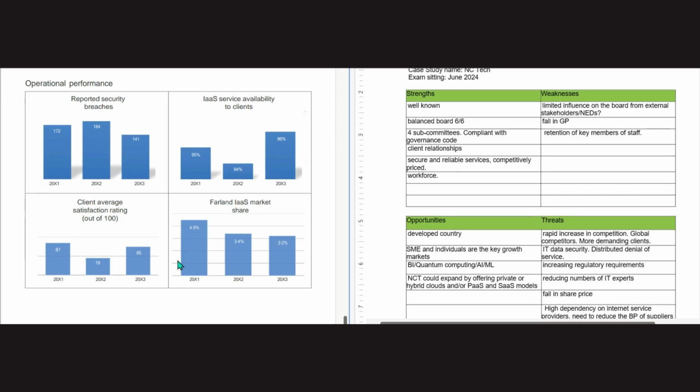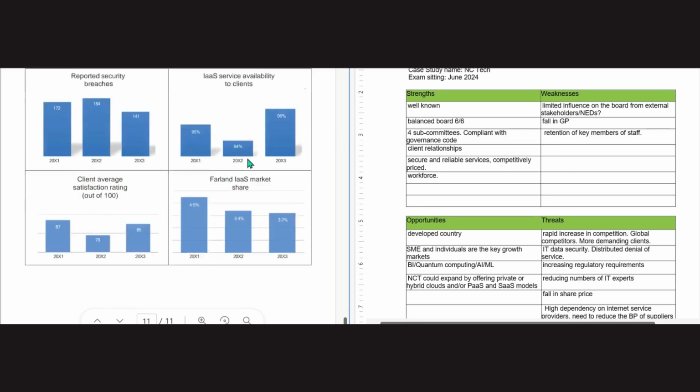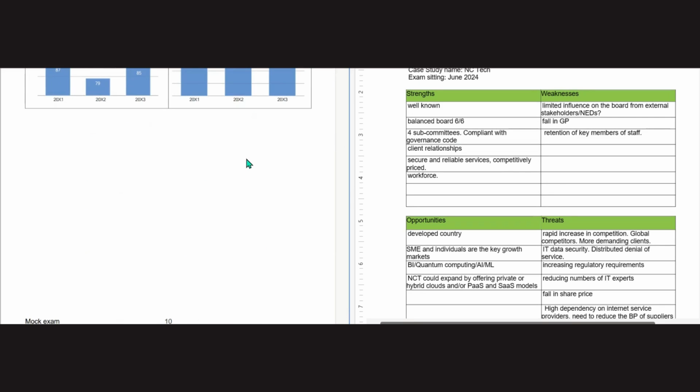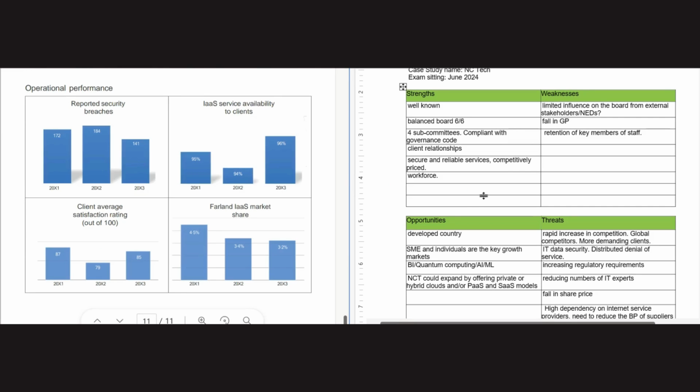So in the examination, if you want to say, well, I know client average satisfaction rating went down in X2 but has come back up again, and so our clients are still happy, and we must be doing something right. What I think we're doing is XYZ, and that's improved client satisfaction. Okay, so know what is here, but don't spend too long on writing about it.